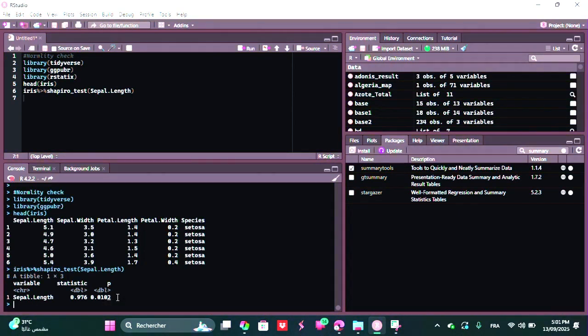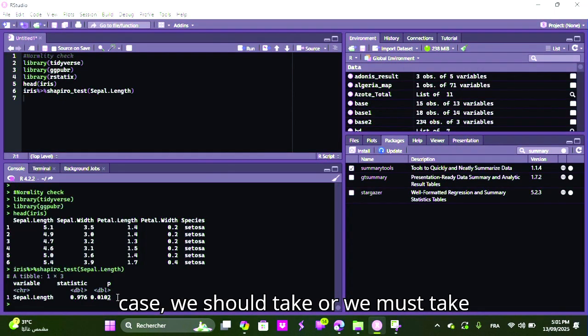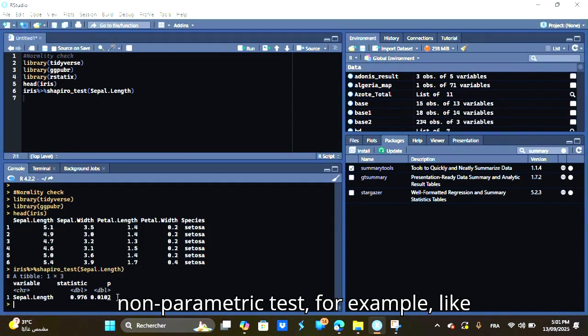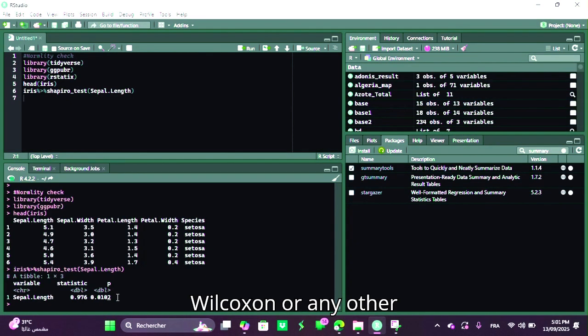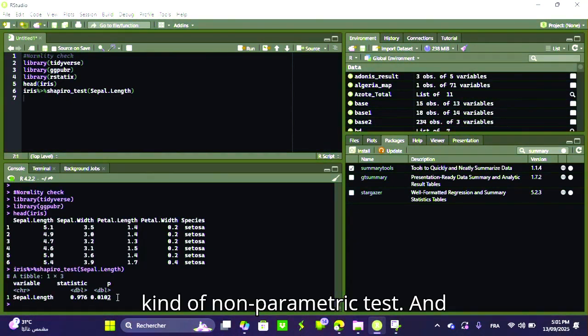In this case, we must take a non-parametric test, for example, like Wilcoxon or any other kind of non-parametric test.